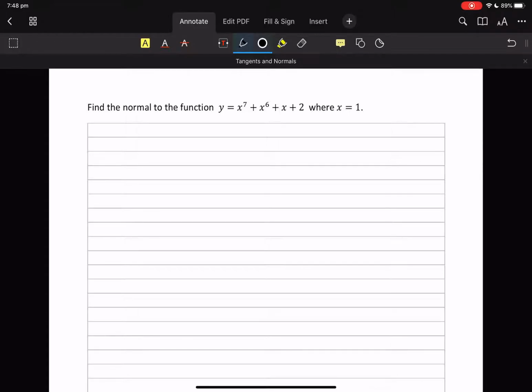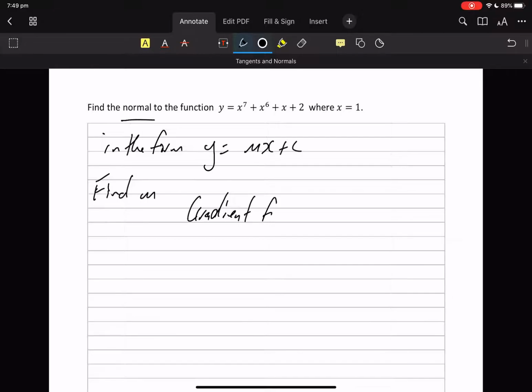So the normal's in the form y equals mx plus c. Let's find m. So I need the gradient y dash.